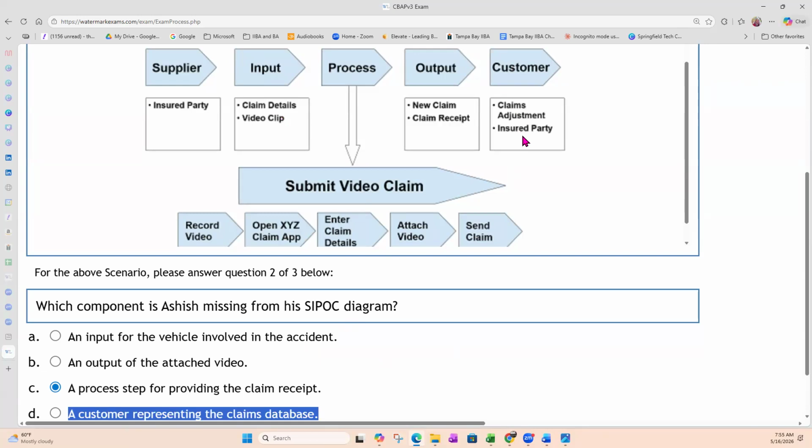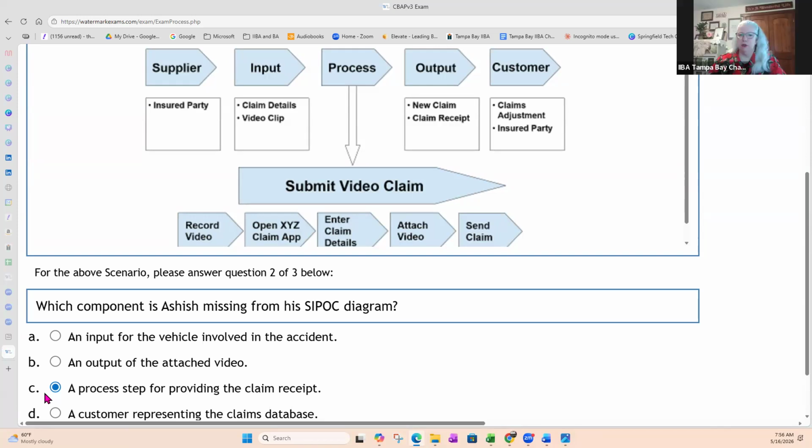I think the process for providing the claim receipt is missing. So you think C is the best answer, Amarachi? Yeah. Can you tell us why?